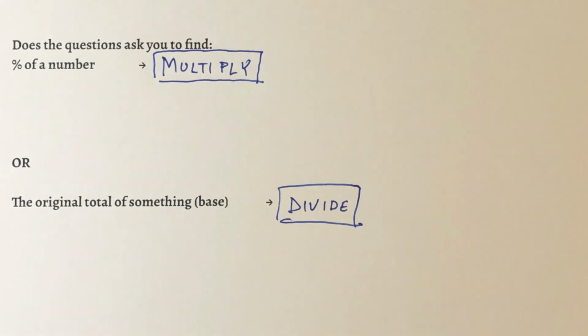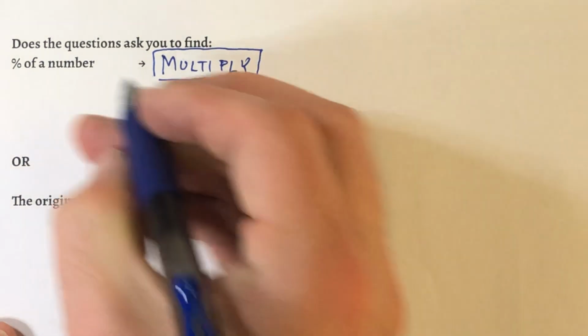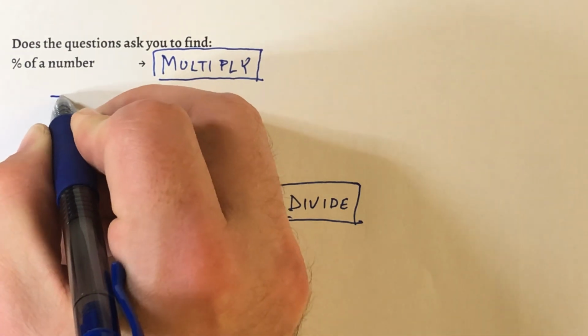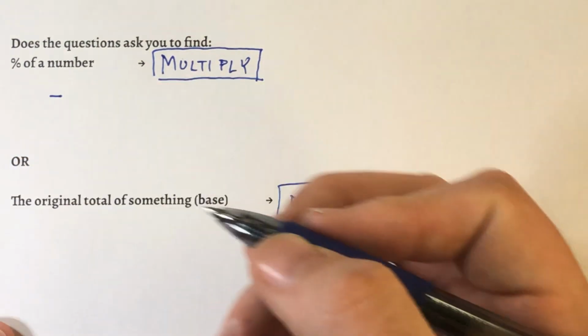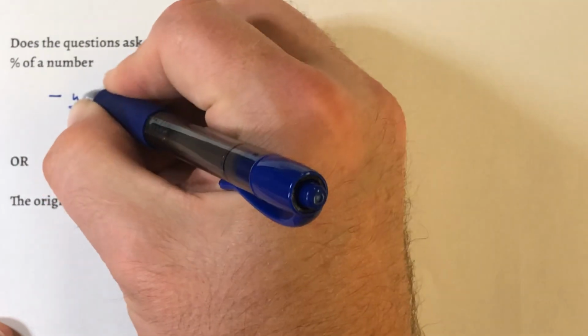Okay, now, how do you know what type of problem you're doing? Because let's be honest, not everybody is the best at doing word problems because it can just be a little confusing sometimes. So what are some hints? What are some strategies? If you're finding a percent of a number, your question is going to give you certain pieces of information.